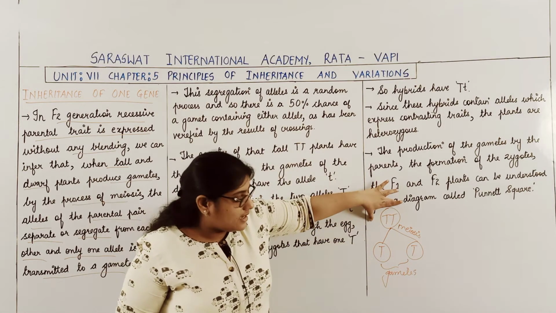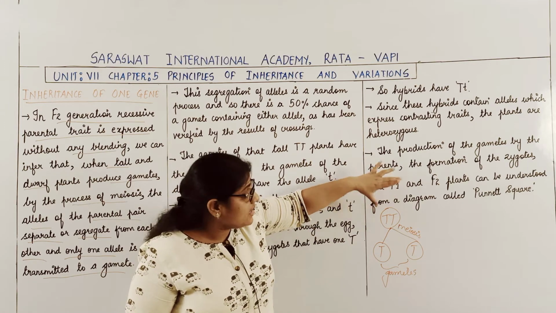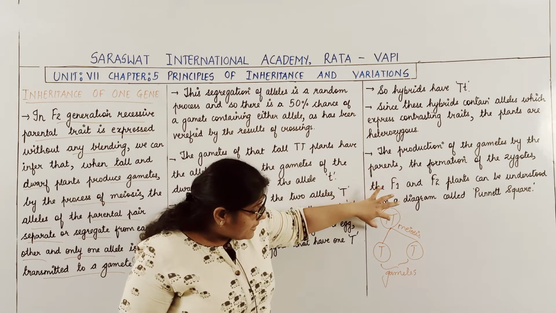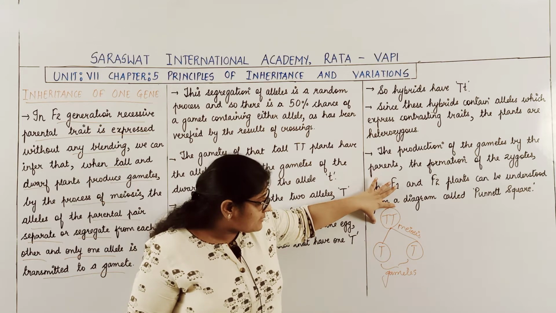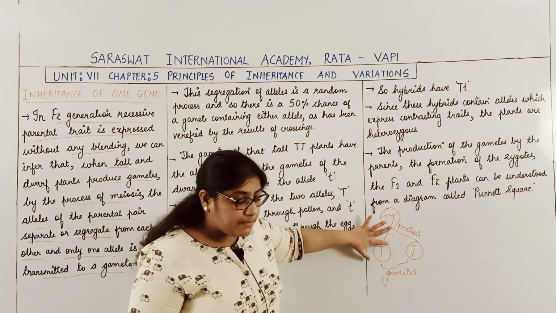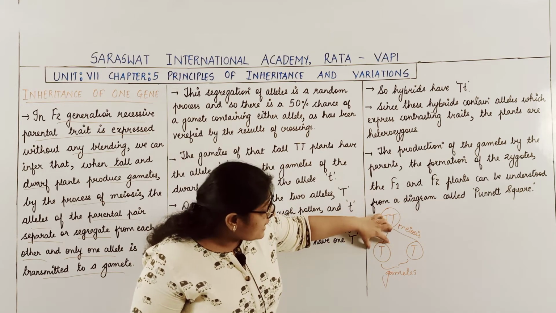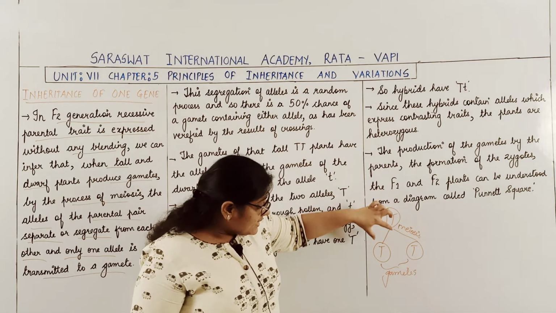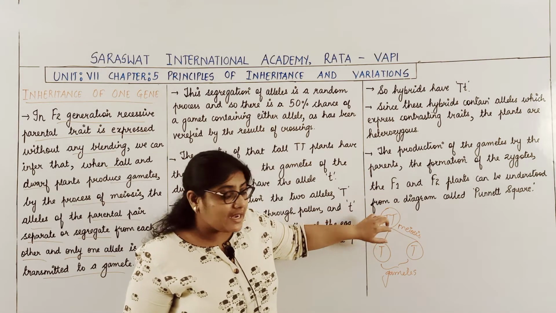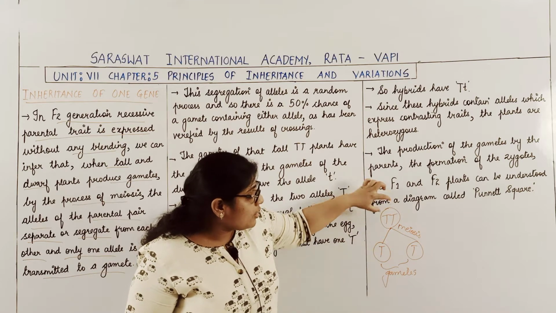See here, the parental type has a pair of alleles, but when this forms the gametes by meiosis, the gametes formed receive only one allele of a pair of alleles.